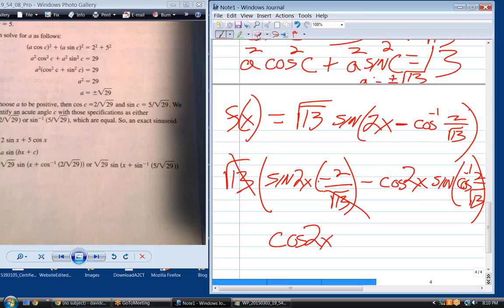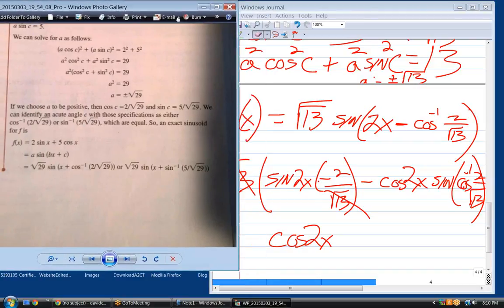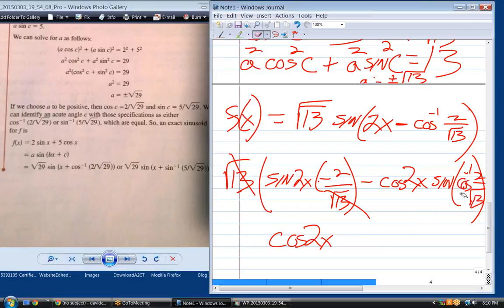Notice in the example here they say that the inverse cosine of 2 over root 29 is the same as the inverse sine of 5 over root 29. Well, we can do the same thing. We can say the inverse cosine of 2 over root 13 is the same as the inverse sine of 3 over root 13.